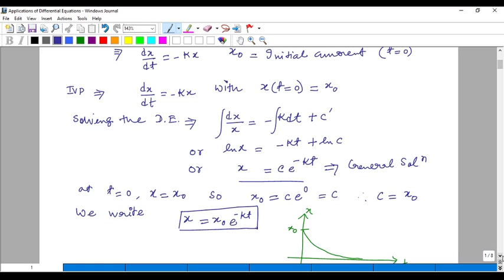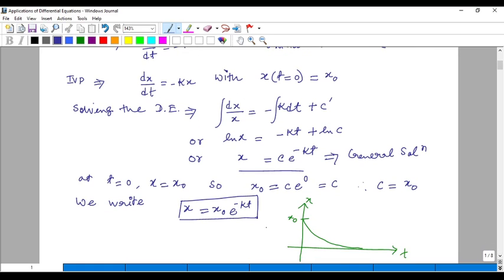The graphical representation of this equation is shown here, and you see that at t equal to 0 the initial amount is x0, and it is decaying with respect to the exponential function e to the power minus kt with time. The constant k has a significance: if the value of k is increased, then the rate of decay will increase.